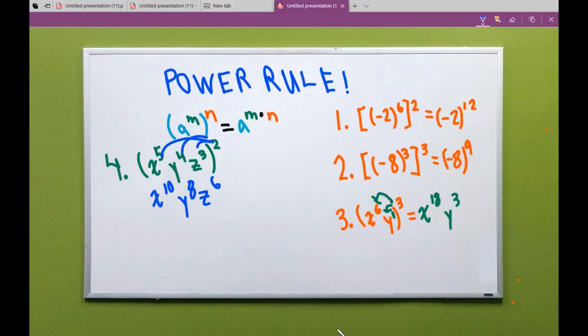Okay, here's our next problem. In parentheses, we have -7 times x to the third power times y to the 8th power, and all of this is raised to the power of 2.